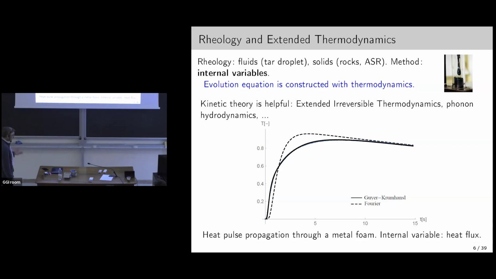And of course, we don't have kinetic theory. Therefore, the evolution equation is constructed mostly by the second law, which is also useful when we have kinetic theory. Of course, in the case of non-relativistic gases, we have the same moment series expansion technology.